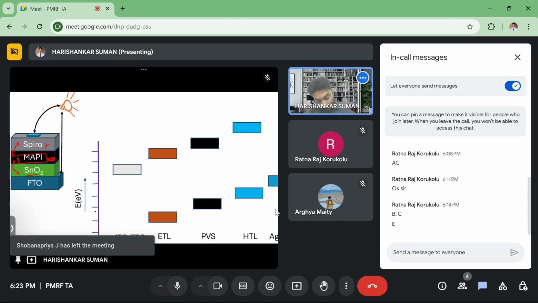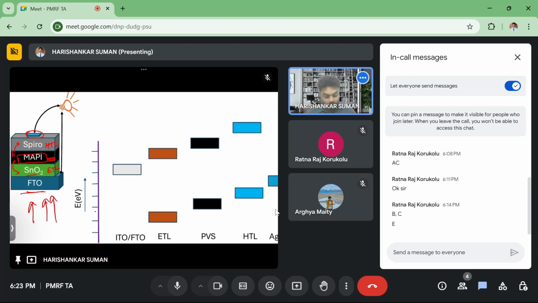This is called HTL, and ETL is the electron transport layer, then to the metal contact. This is FTO. So sunlight goes from the FTO to SnO2.